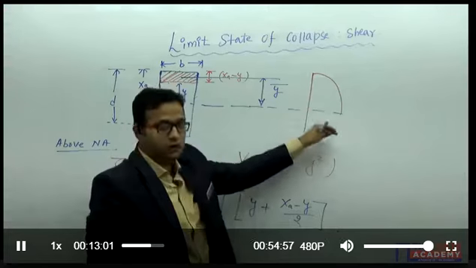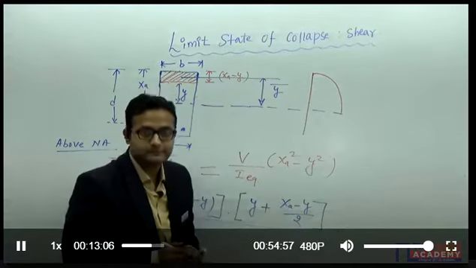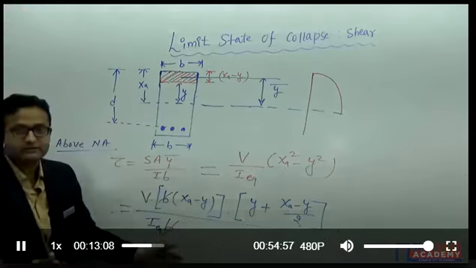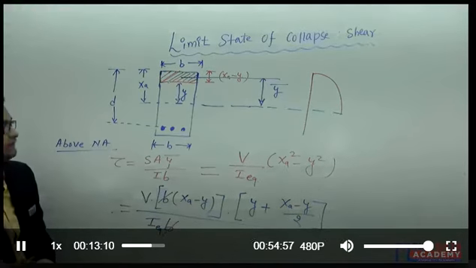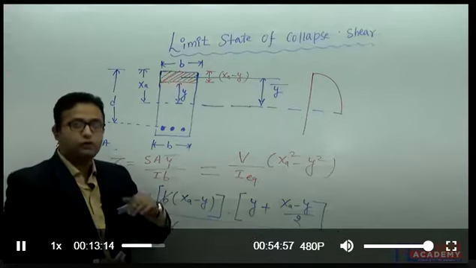But I do not know below the neutral axis. So let's calculate below the neutral axis. Let's note this down. Then we will see how to calculate shear stress distribution below the neutral axis.